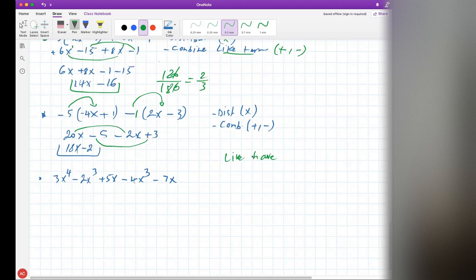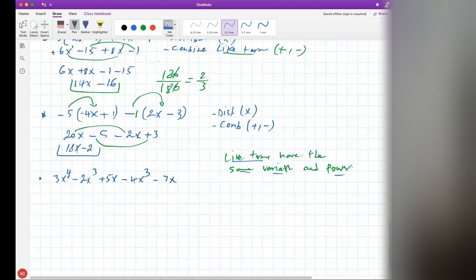Exactly, so like terms have the same variable and power. That's very important. It has to be the same variable and the same power.